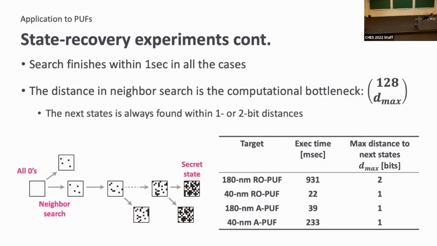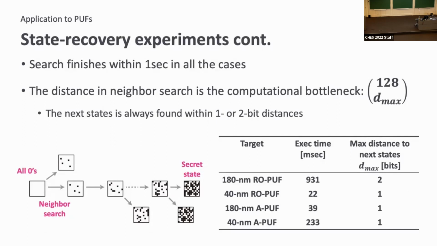We successfully recovered the 128-bit secret key in all the cases with less than 1 second of computation. The distance explored in neighbor search is the computational bottleneck because it grows combinatorially. The table also shows Dmax, which is the maximum distance to next states.